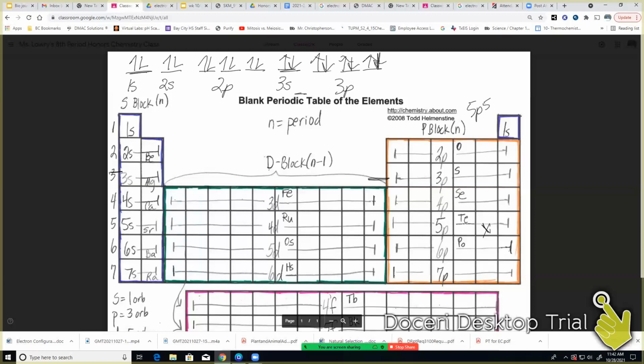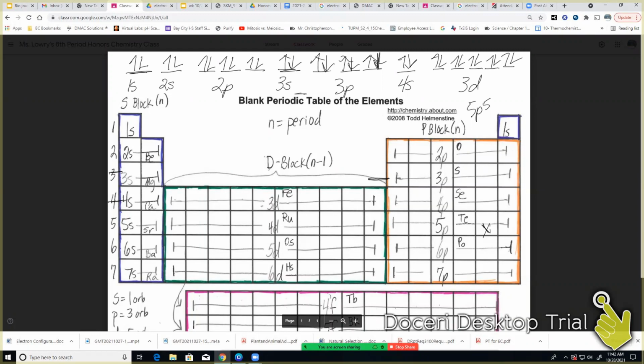My arrows are getting pretty lazy. All right, 4s. And then from 4s, we have our 3d. 1, 2, 3, 4, 5, then 6, 7, 8, 9, and 10.